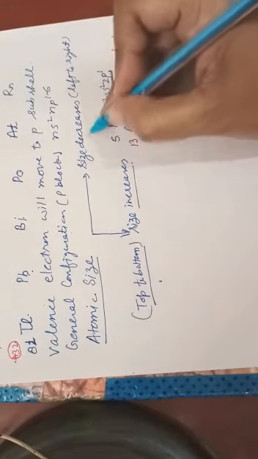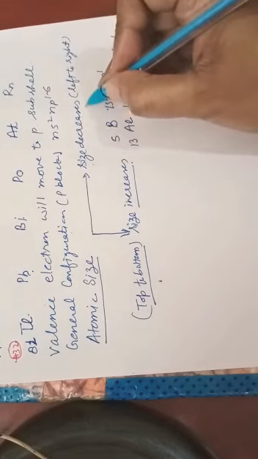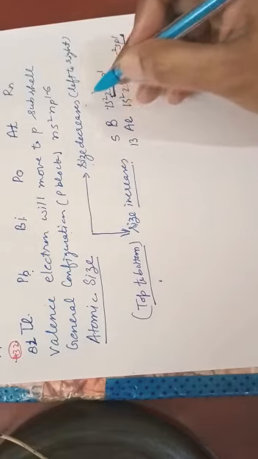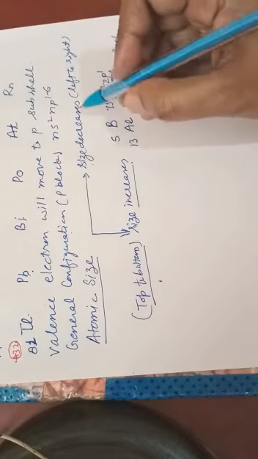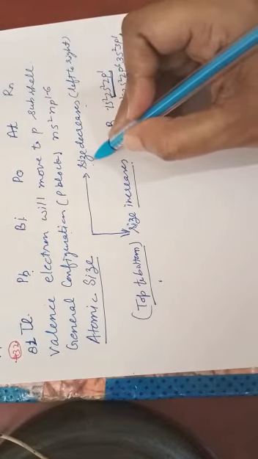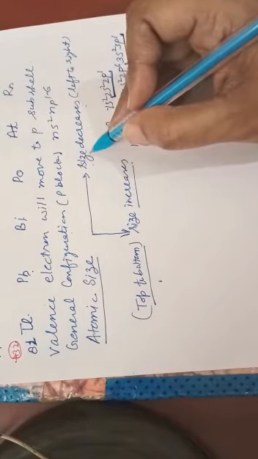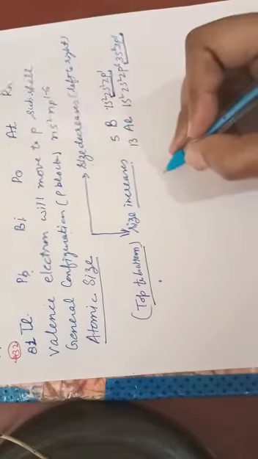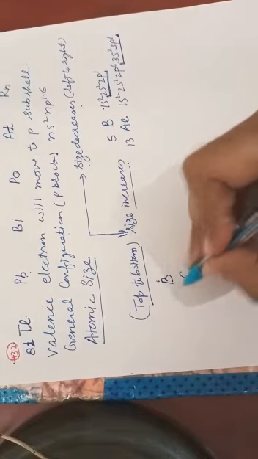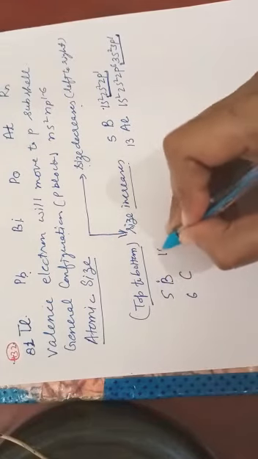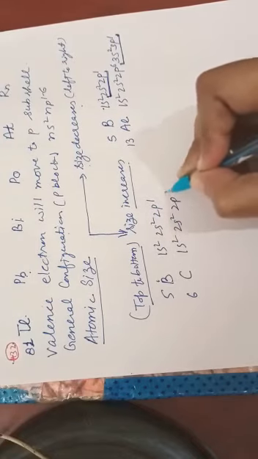But when we are moving left to right, the size decreases. Why does size decrease when we move left to right? Because the electron is entering the same shell. Take the example of boron and carbon. Boron is 1s2, 2s2, 2p1. Carbon is 1s2, 2s2, 2p2.